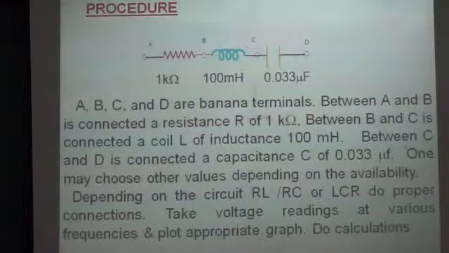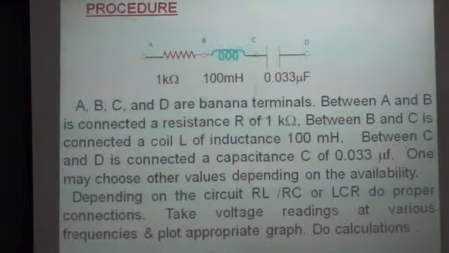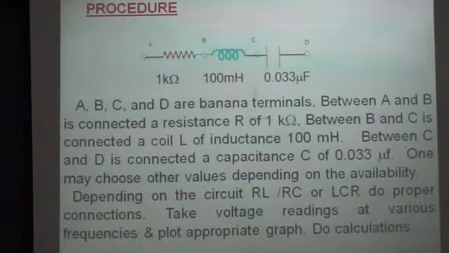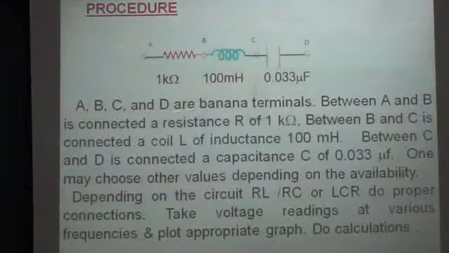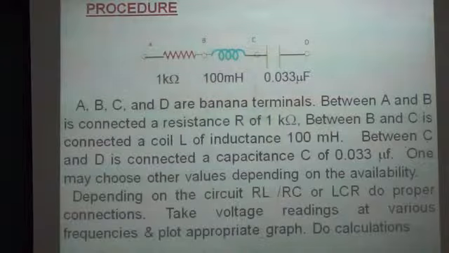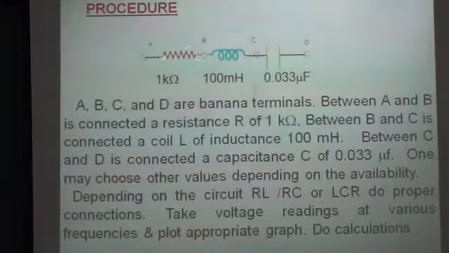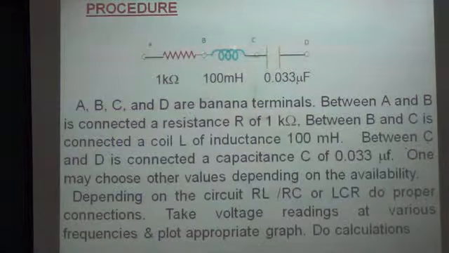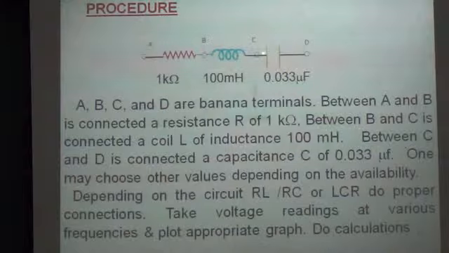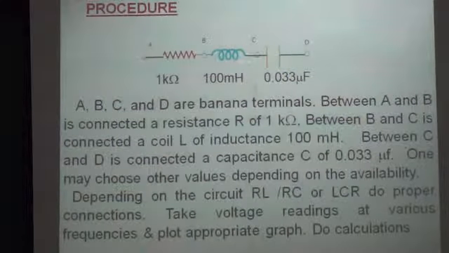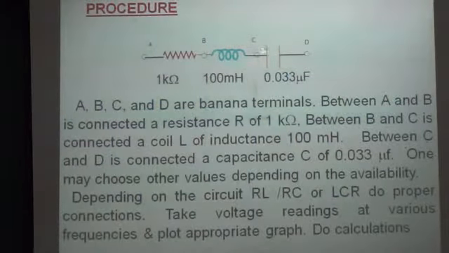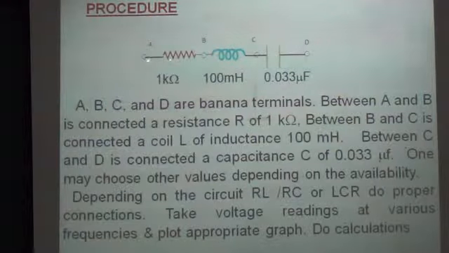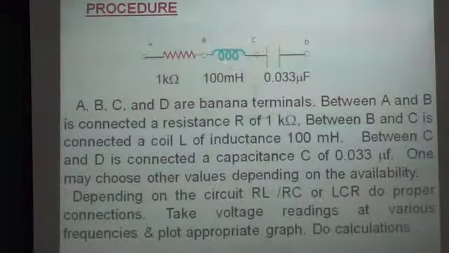So this is the experimental setup. We have just one resistance, a coil and a capacitor of these values connected in series, and take values across VR and VA.